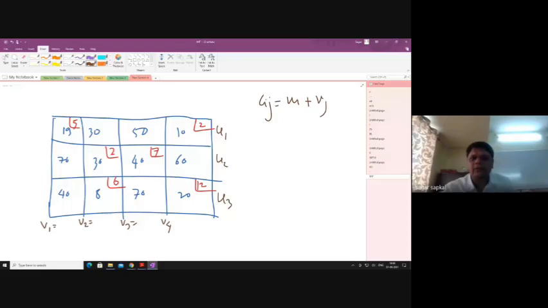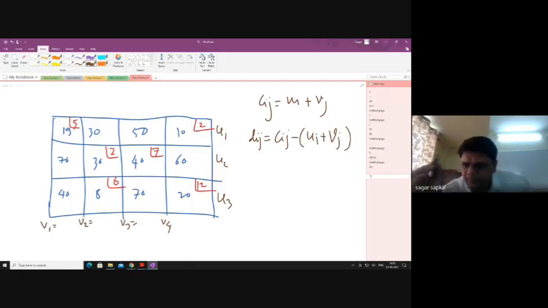And once you find out all the Ui and Vj values, then find out Dij values for unoccupied cells by using the equation Cij minus (Ui plus Vj), and check whether the solution is optimal or not. Complete that step, then we will discuss further.